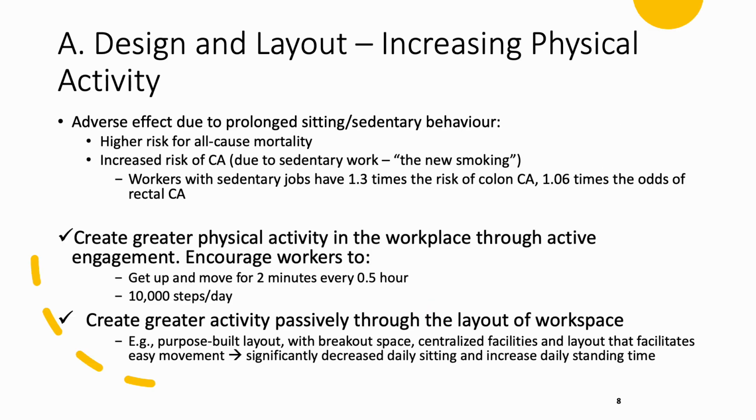In addition to the aspects discussed previously, we should also aim to design the office layout in a way that encourages physical activity. This is because there are many adverse effects from prolonged sitting and sedentary behavior, including a higher risk of cancer and all-cause mortality. To do this, encourage workers to move every 2 minutes, every 30 minutes, and arrange the layout of the office to have breakout space, centralized facilities, and layout that facilitates easy movement.